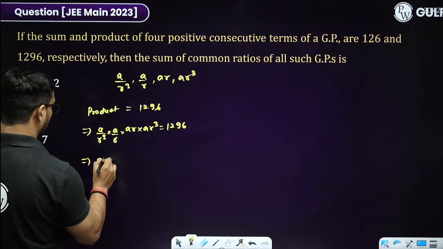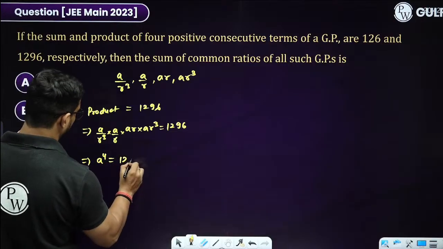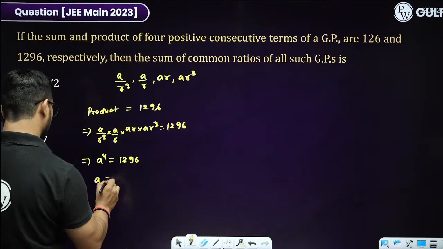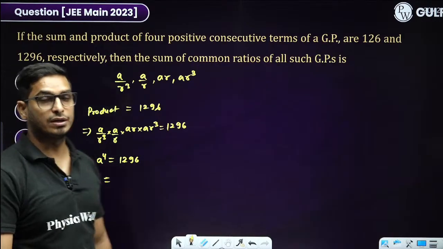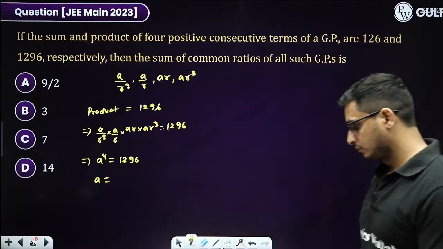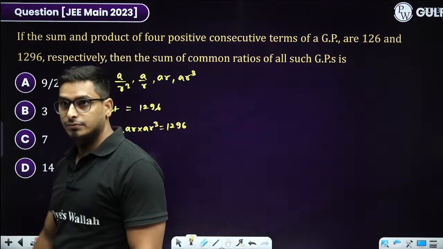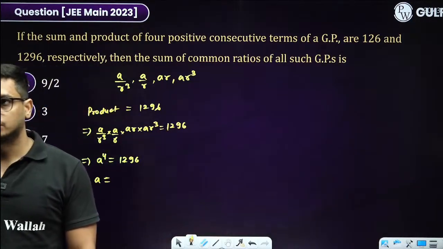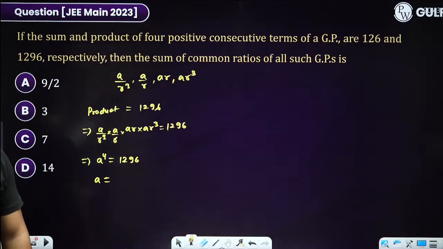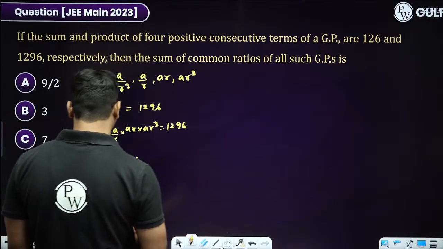So from here we have A to the power 4 is 1296. Tell me A. Square of square, 6. Correct, A should be 6.